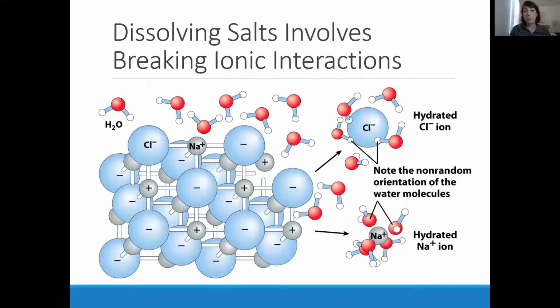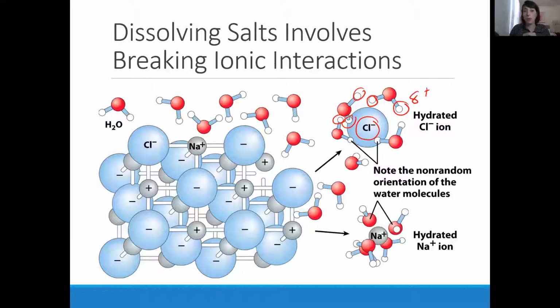And you can see in this picture that the water molecules are not just randomly orienting themselves around each of those ions. Notice that for the chlorine, which is negatively charged, the hydrogens are pointing towards it. Hydrogens are partially positive.